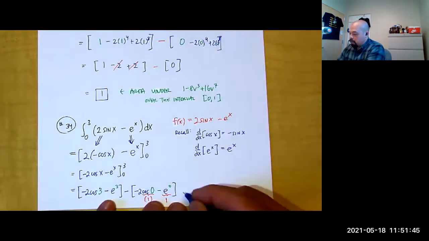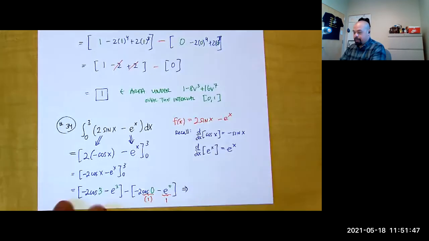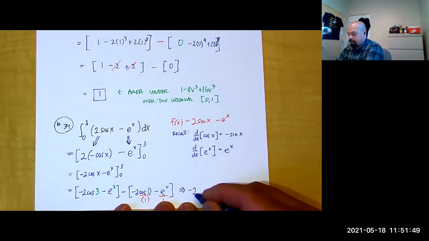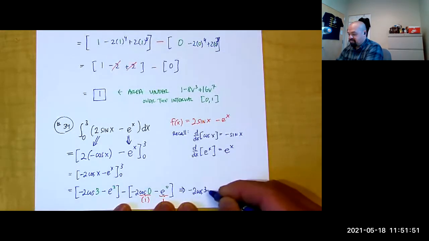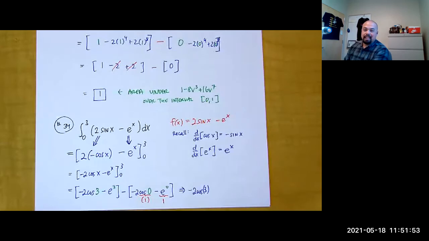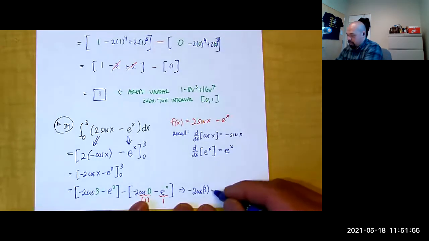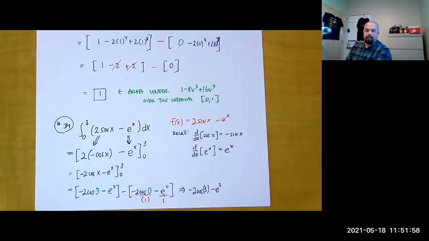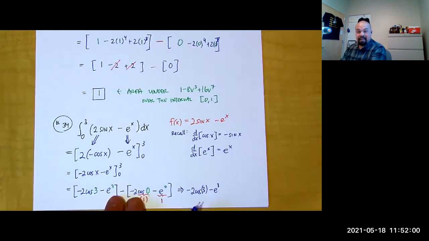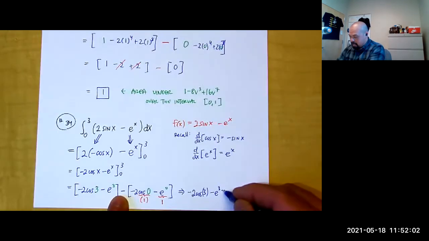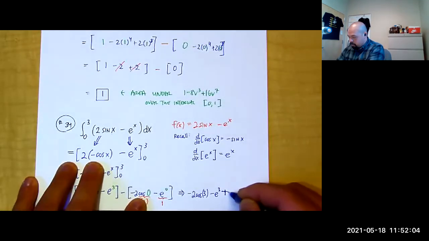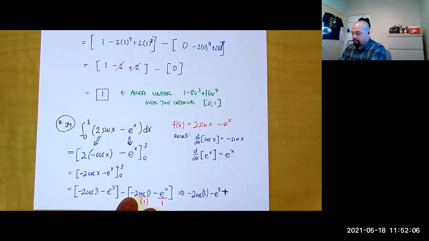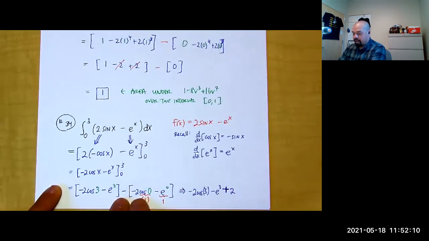So when I go to compute, negative 2 cosine of 3, that's some decimal I'm not sure of, minus e cubed, another decimal I don't know. But here we go, negative of a negative makes that a plus. 2 times 1, so positive 2. Negative negative is positive, 2 times 1, 2.